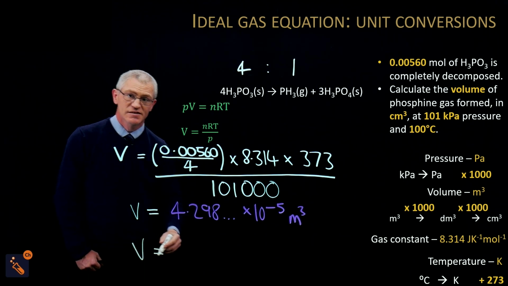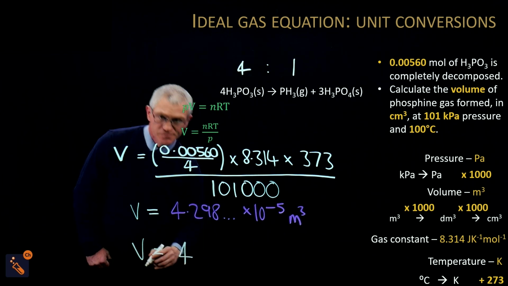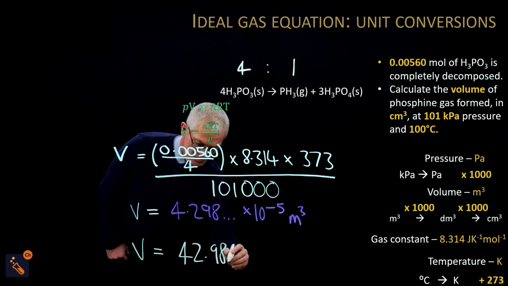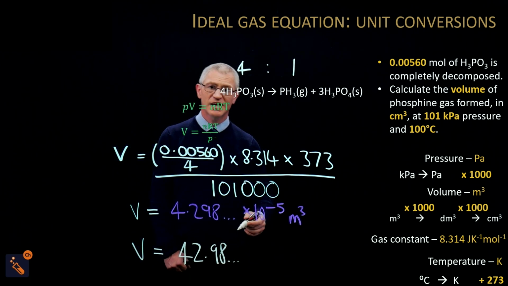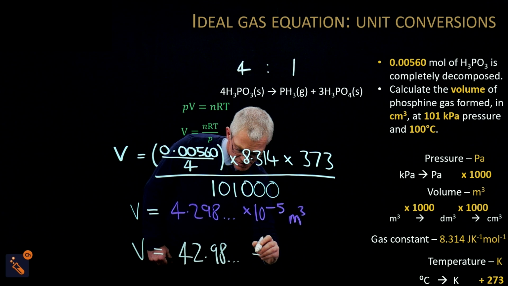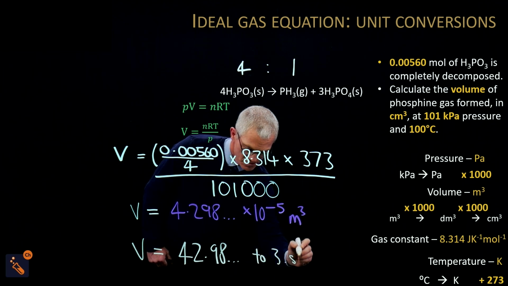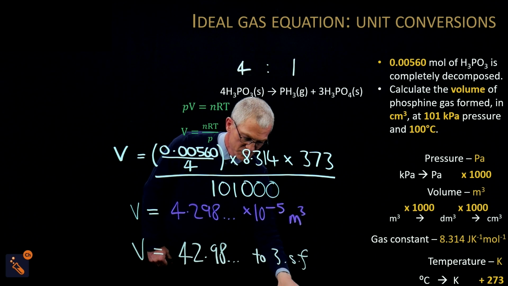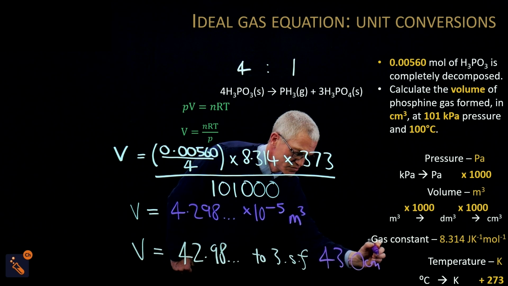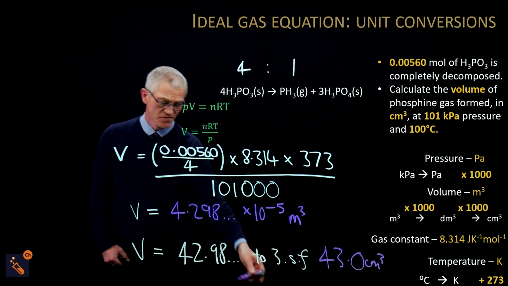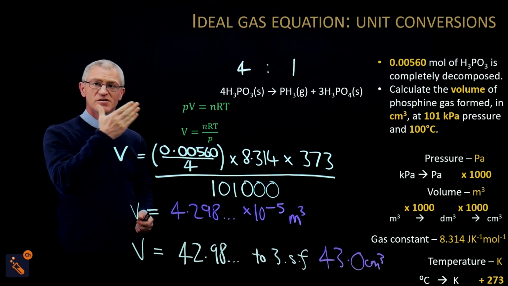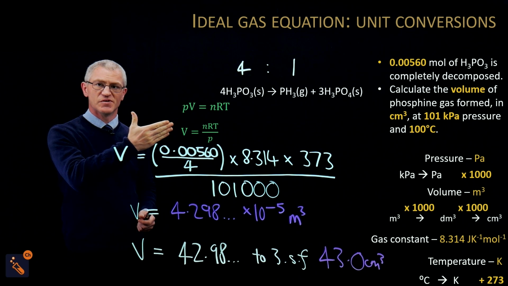So V in the end is going to be 42.98. But because we normally have this in 3 significant figures, I'm going to do it to 3 sig fig, and that is going to be 43.0 centimeters cubed. So we have a whole equation where we've taken PV equals nRT, we've rearranged it to equal V, volume.